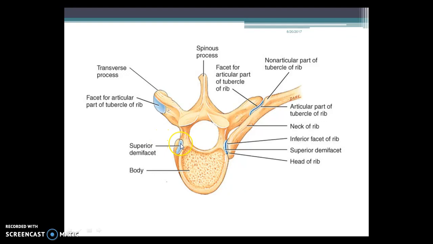So there's an inferior demifacet of the superior thoracic vertebra, and then there's your superior demifacet of the inferior thoracic vertebra. Okay, there's your facet for the articulation with the tubercle of the rib, transverse process, spinous process, and here it shows the rib attached with your costotransverse joint and the costovertebral joint here.